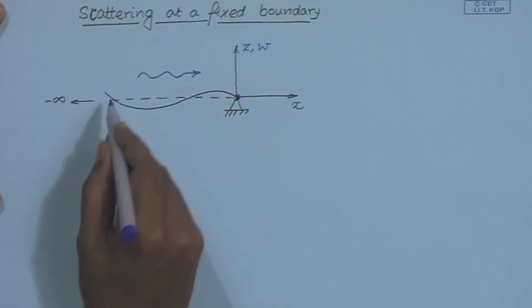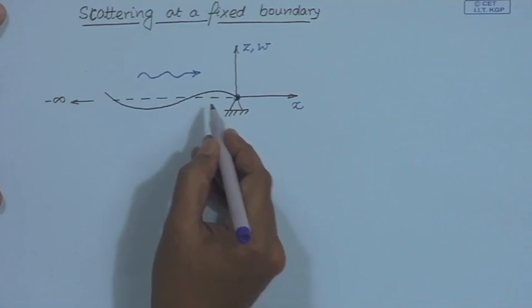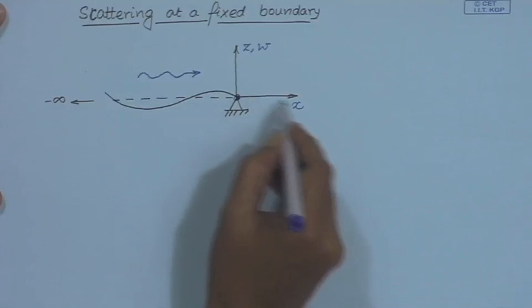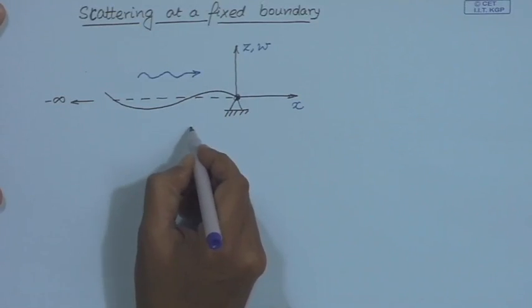and when this wave comes and hits this boundary, there must be a reflection, because the material ends here.